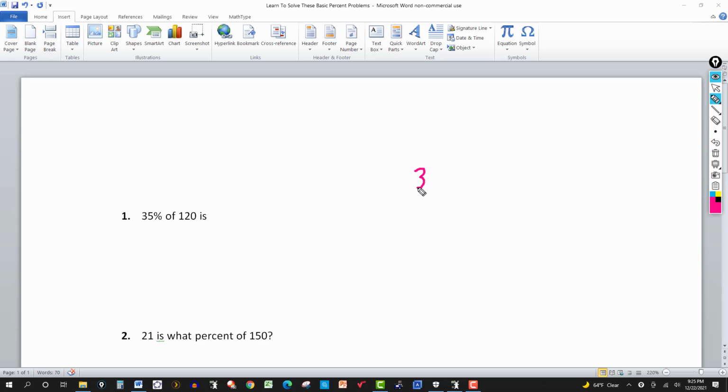We have 35%. We're dealing with this particular rate here, 35%. And you should be aware that the percent sign means per 100. So I could actually write this as 35 times, instead of the percent sign, 1 over 100.